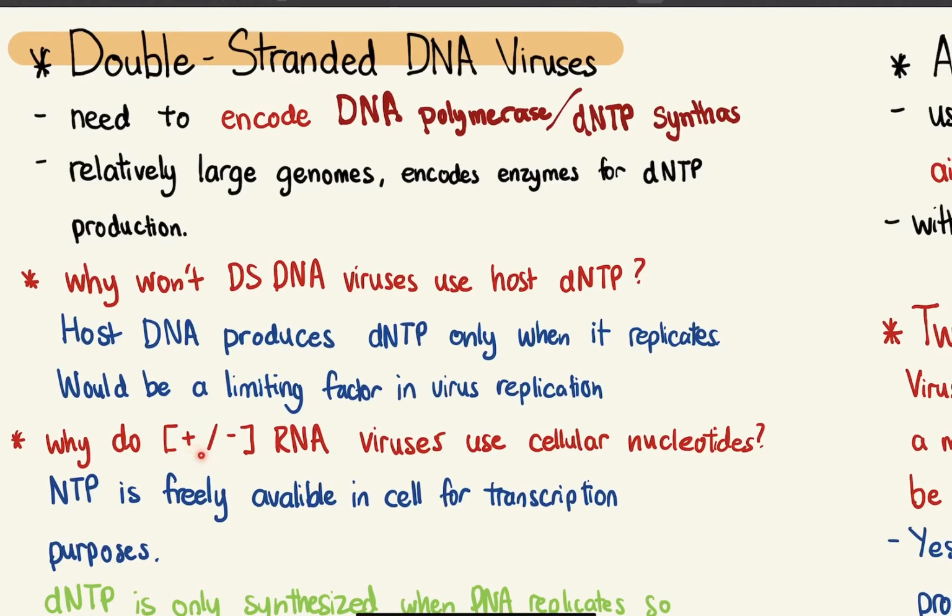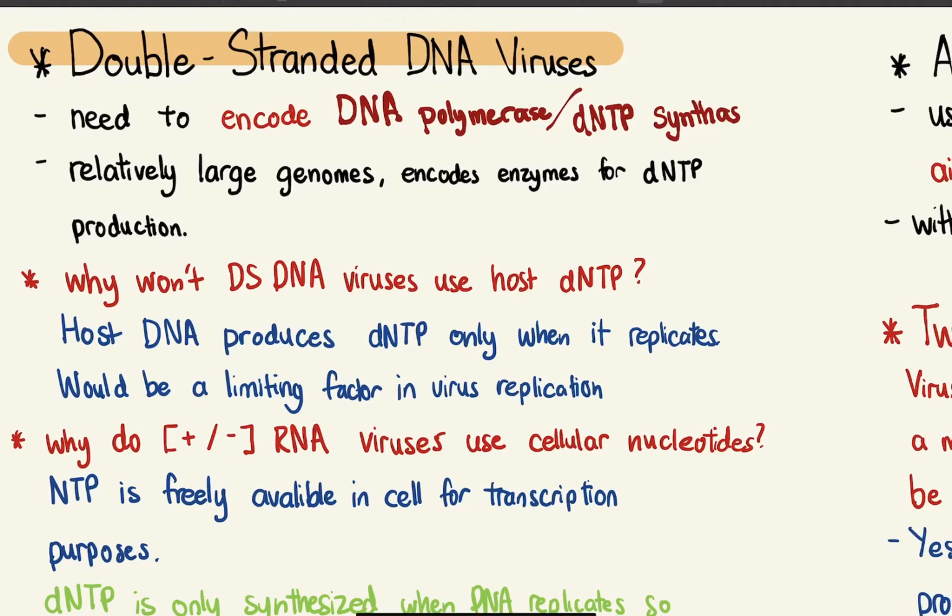Why do positive and negative RNA viruses use cellular nucleotides? The whole reason they are able to use the nucleotides is because they're NTPs and not dNTPs. Deoxyribose is, remember, used just inside the DNA, and NTPs are freely available for transcription.